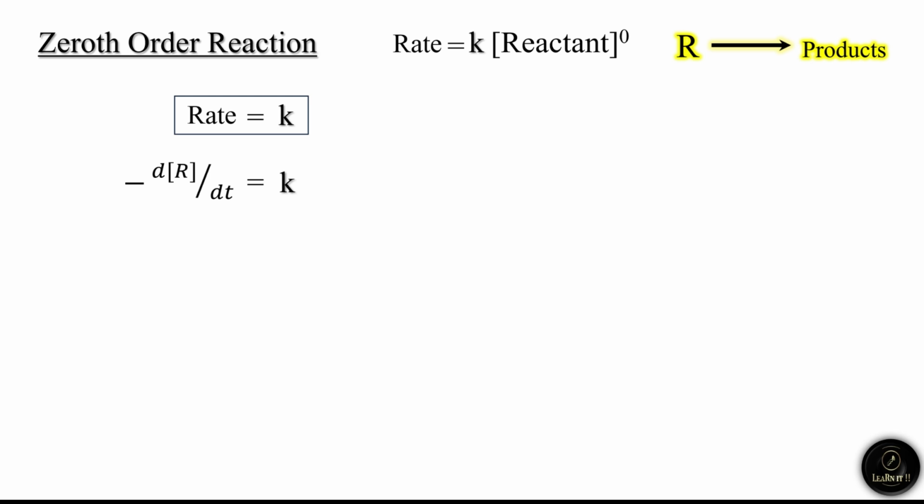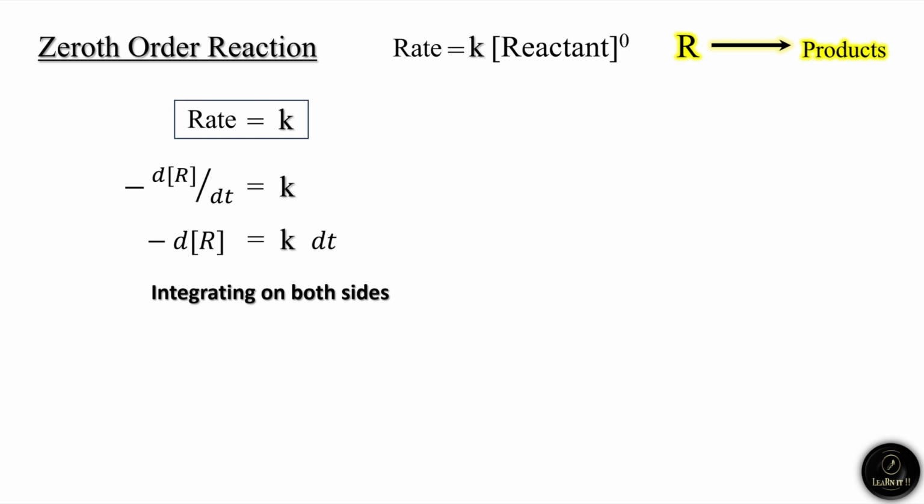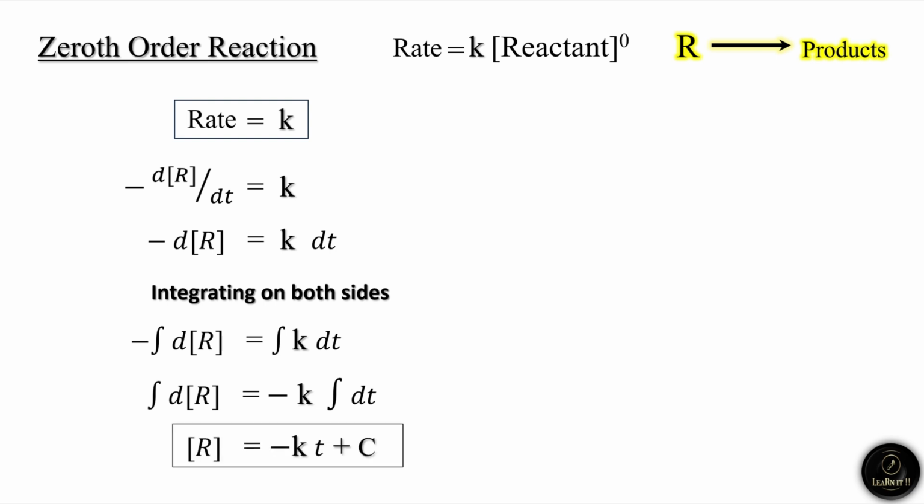When we rearrange, minus d[R] is equal to K into dt. Upon integrating on both sides, we get minus integration of d[R] is equal to integration of K dt. When we rearrange, integration of d[R] is equal to minus K integration of dt, which gives us the result [R] is equal to minus Kt plus C. C is the integration constant whose value can be deduced by using the initial concentration.